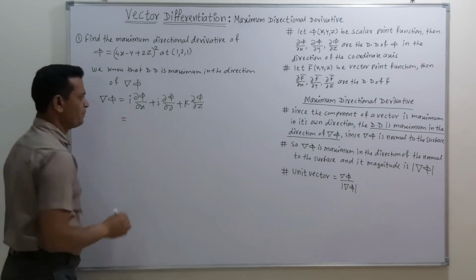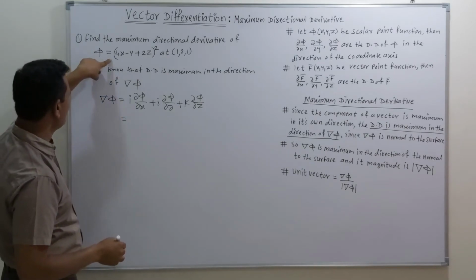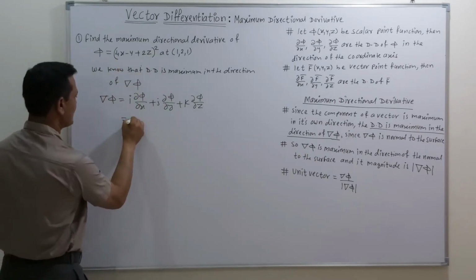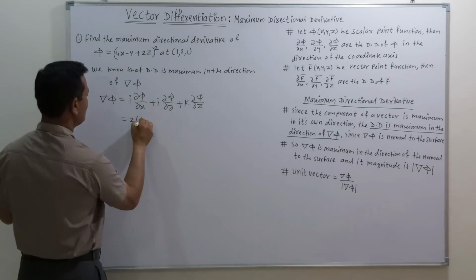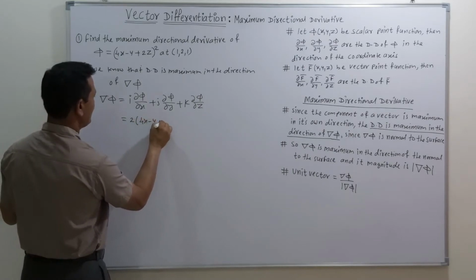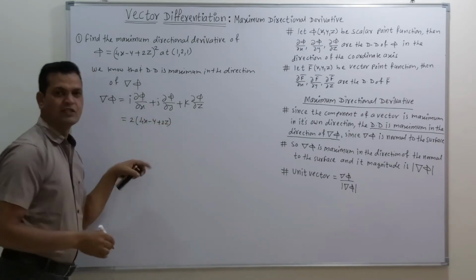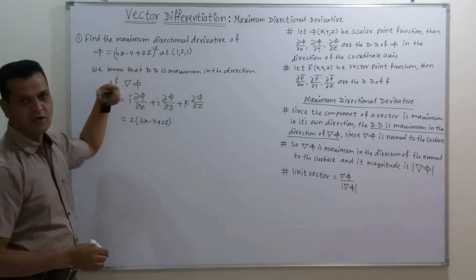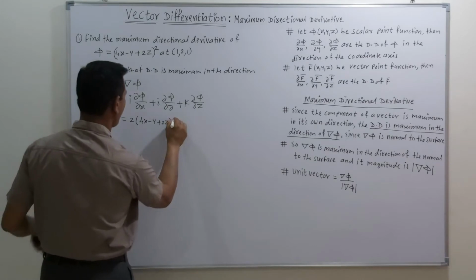Now find the derivative of phi with respect to x. Since the square is there, we can write 2 times (4x minus y plus 2z), and the derivative of 4x minus y plus 2z with respect to x is 4.